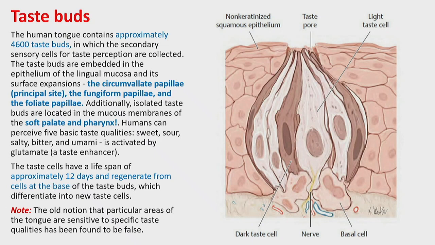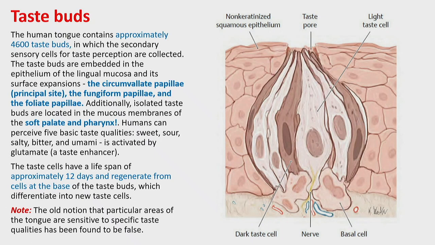Interestingly, you also have some taste buds in the soft palate and some parts of the pharynx. So not only the tongue, but also these areas contain taste buds, and that's why you can have this perception of taste.